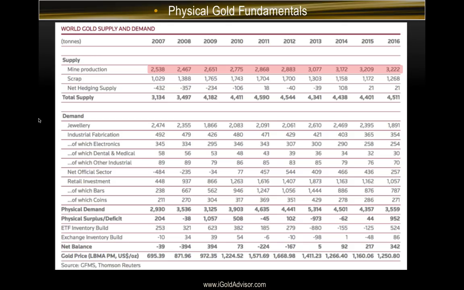So they do quite extensive research there, surveying, gathering data, gathering how much gold is coming out of mines, out of scrap, for demand, jewelry, industrial, central bank purchases, retail demand, ETF demand. This is quite an extensive report. This comes out once a year. And we are analyzing this and then also looking at some other important things in the gold market.